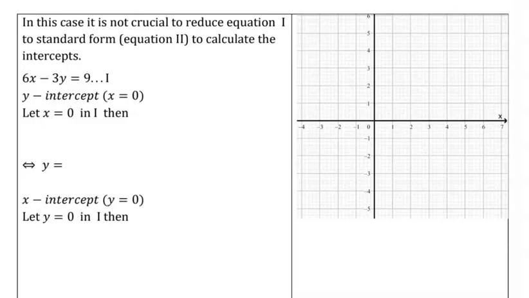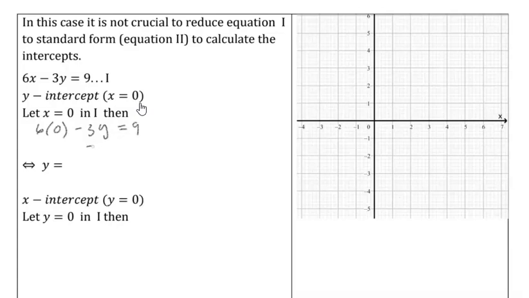In the case of the double intercept method, it is not crucial to reduce the equation to standard form. I can just leave it as 6x minus 3y equal to 9, and I can work out my y-intercept by putting x equal to 0. If I put x equal to 0 in equation 1, I will get 6 times 0 minus 3y equal to 9.